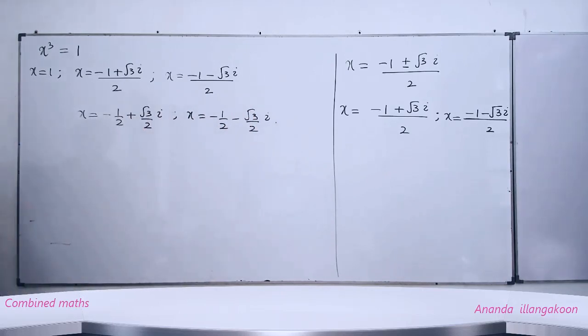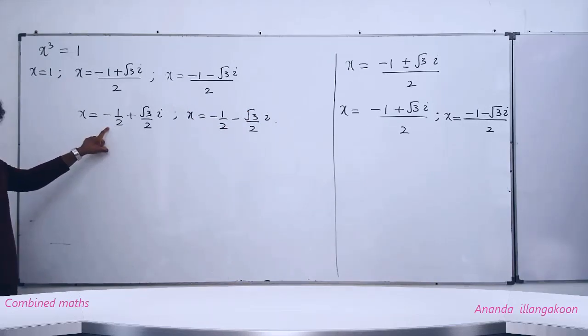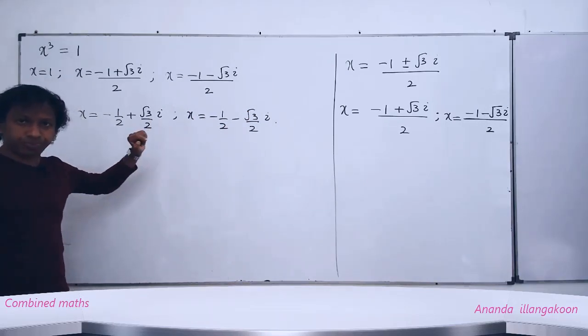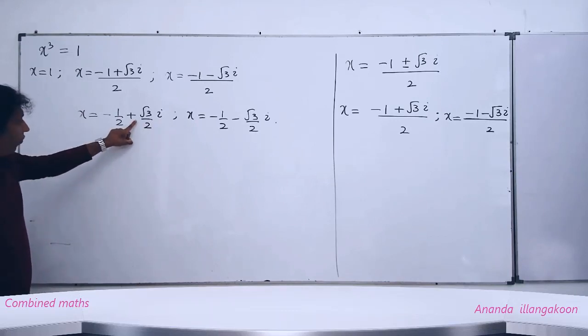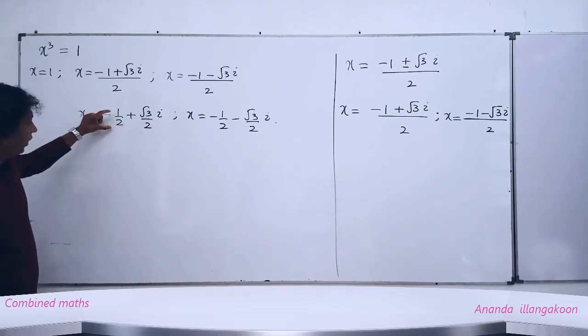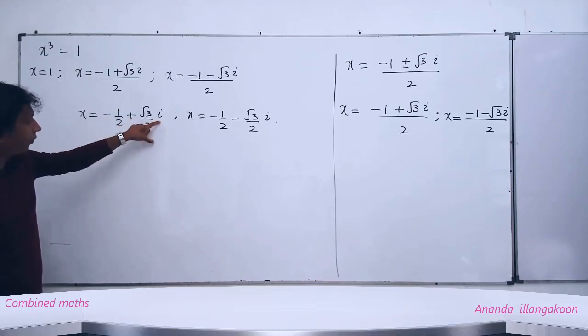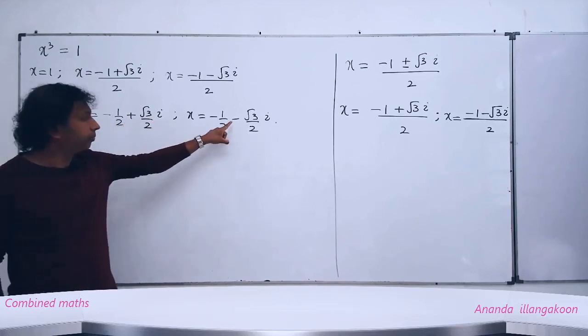Now you can see, when you consider these two complex roots, complex answers, when you consider this is a complex number, it takes form x plus yi. Then taking this sign to opposite is available here.